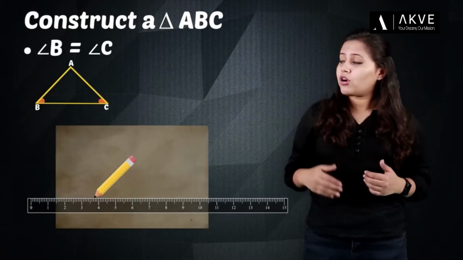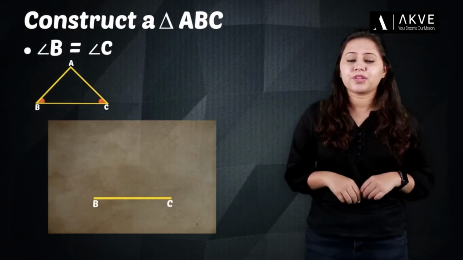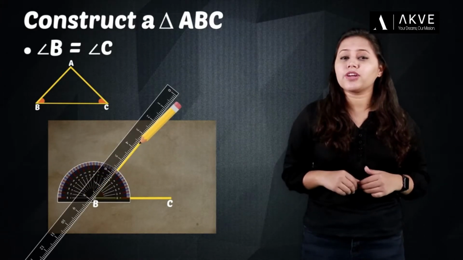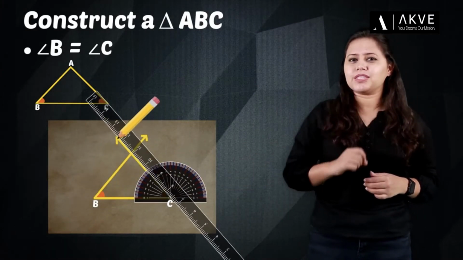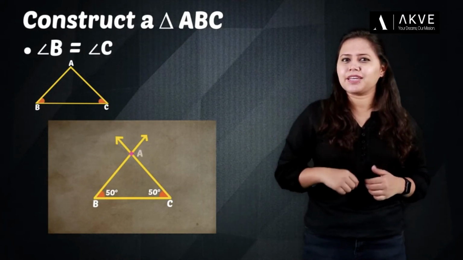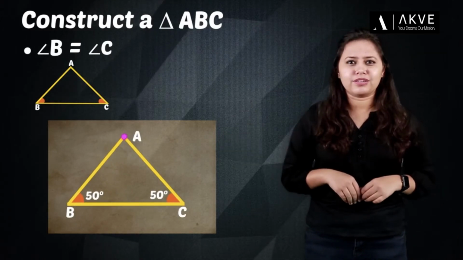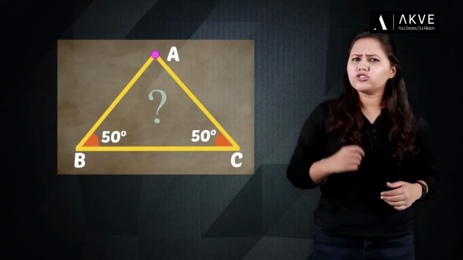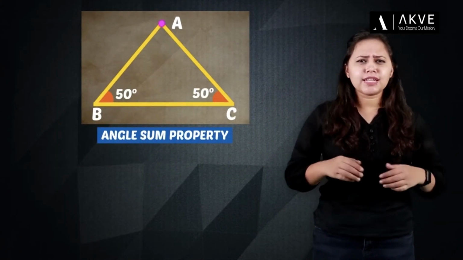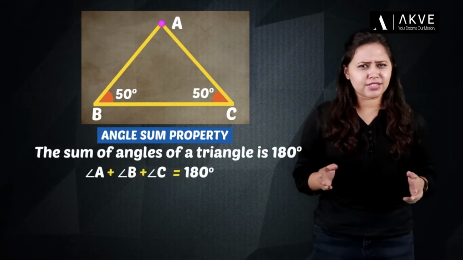So, just draw a line segment of any length and name it as BC. Now, draw angles of any measure, say 50 degrees on each end of BC. Mark the point of intersection of these lines as A. The triangle ABC is successfully constructed. Now, what should be the measure of angle A? The angle sum property tells us that the sum of angles of a triangle is 180 degrees, right?